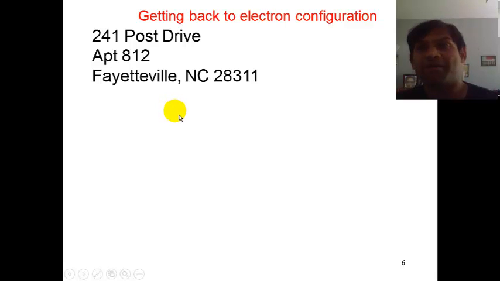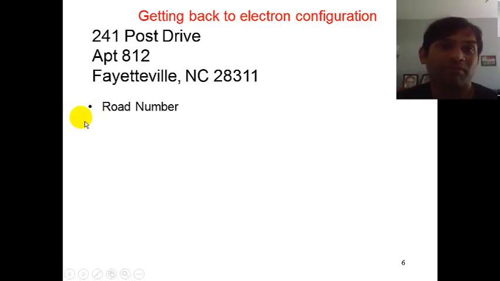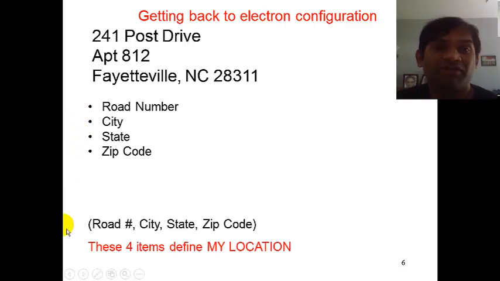If I were to parse this address and pick the 4 most important elements to define the location of where I am in time and space, I would define it as the road number, that's one part of my address, the city, the state, and the zip code.